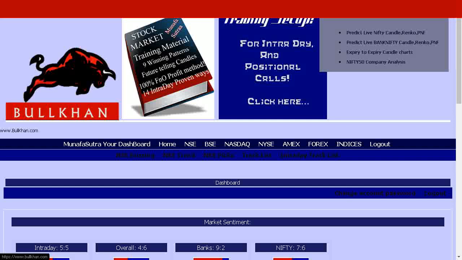Suppose the sentiment is good and there is a lot of blue color, blue is in the majority in the bar. Then we will take a buy call. If the red line is too long, very long, then we will take a sell call.